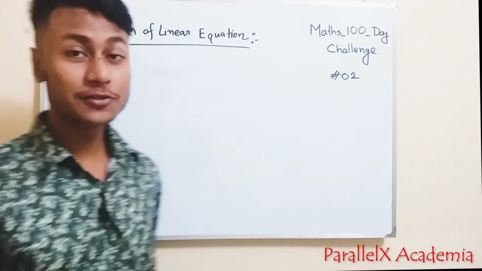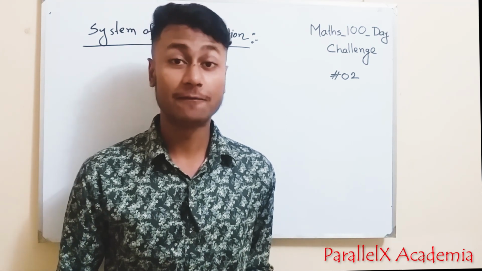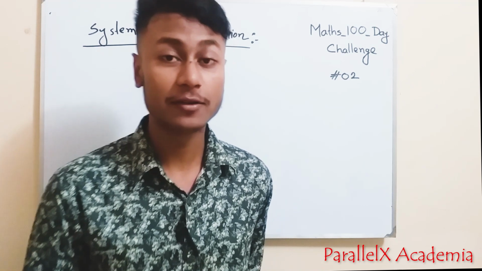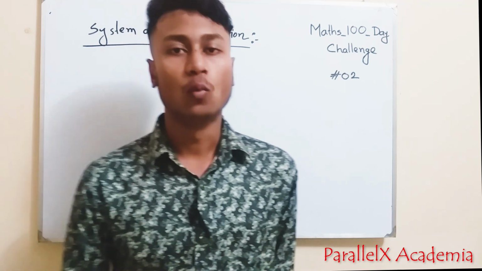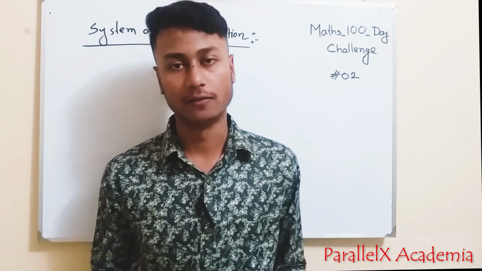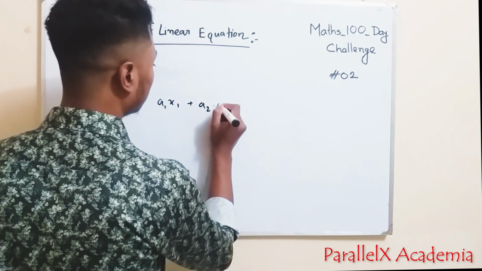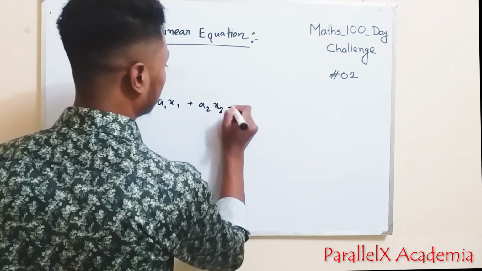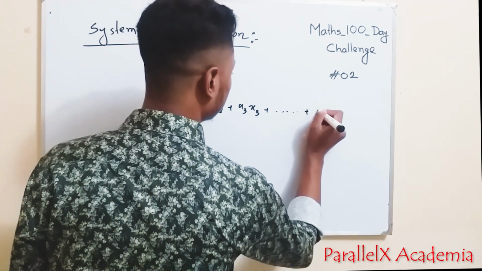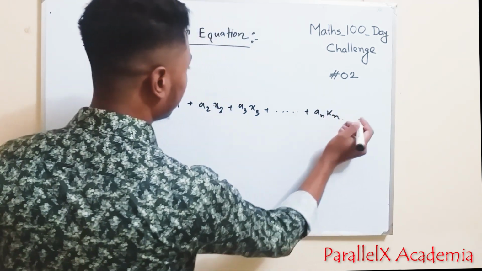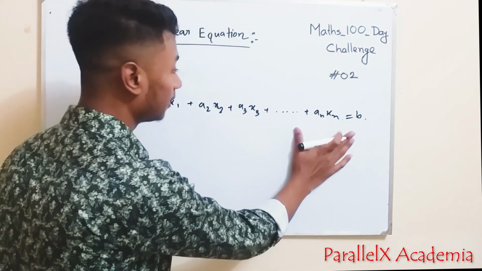So we can say that those were some examples of linear equations. Now, if you want to define a linear equation with n number of variables, it can be a1 x1 plus a2 x2 plus a3 x3 plus dot dot dot plus an xn equals b.